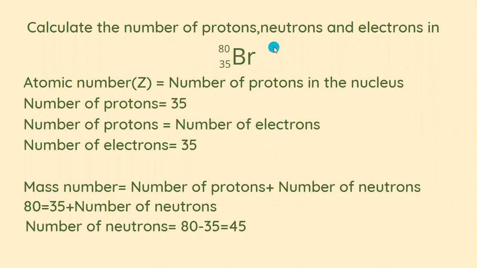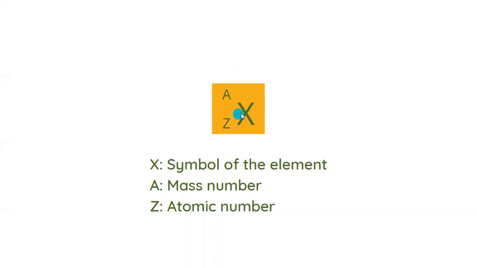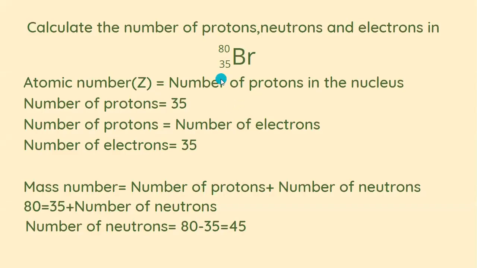First one, calculate the number of protons, neutrons, and electrons in this particular element. First of all, let's go back to this. Here we know A is at the top, that's the mass number. Z is the atomic number. One tip I always try and use for understanding the difference between these two is that atomic number is always going to be less than mass number because mass number is the sum of protons and the neutrons.